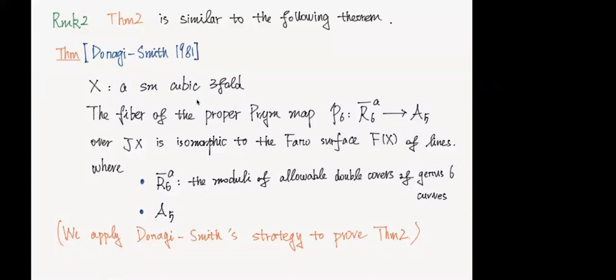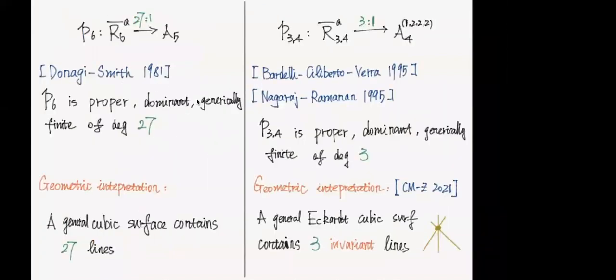Actually, later we'll use Donagi and Smith's strategy to prove Theorem 2. And this is a quick comparison. In Donagi-Smith, they consider this Prym map P6, and we consider the anti-invariant part for this Eckardt cubic threefold. So it's a P3-4. For P6, Donagi and Smith proved that it's proper, dominant, generically finite of degree 27.